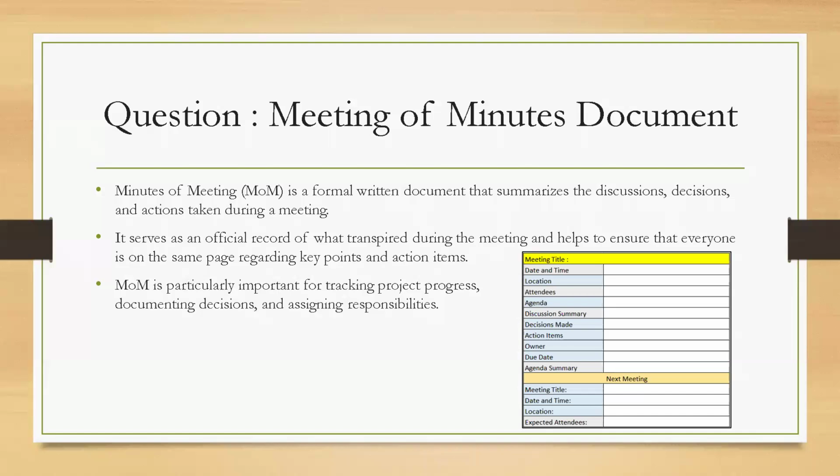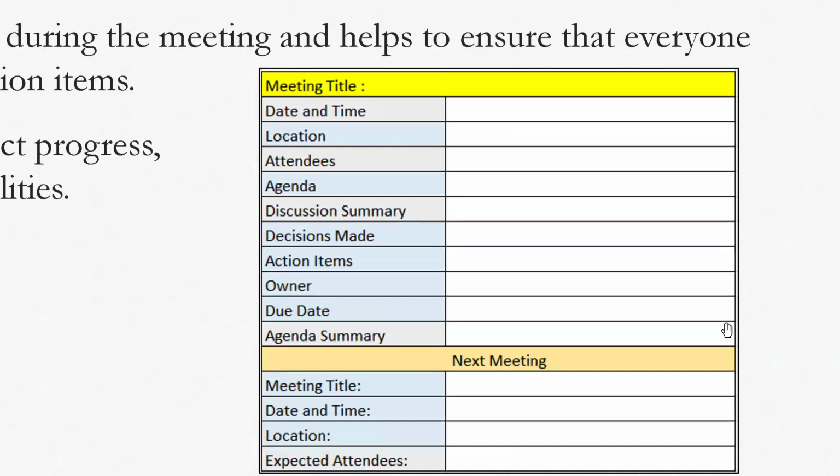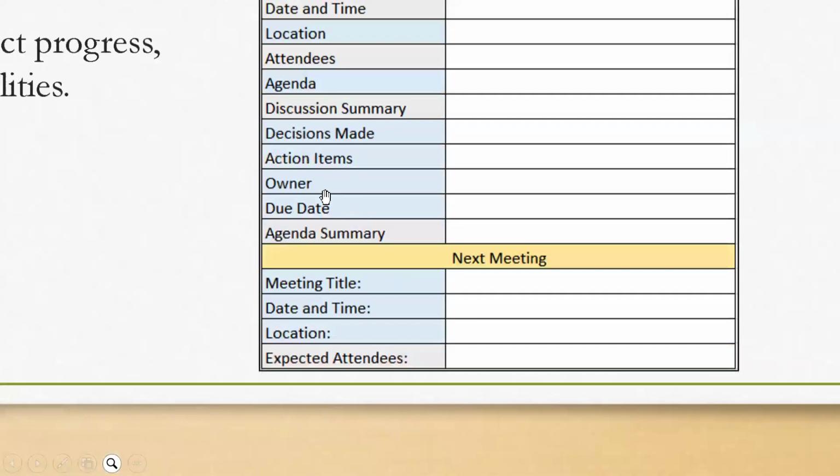Okay, so whatever decisions we made, each and every thing we will document in this MOM document. Okay, so here you can see the sample template: meeting title, date and time, location where you conducted it, attendance, who participated in that meeting, agenda and discussion summary, decisions made and action items, who initiated them, due date, and agenda summary.